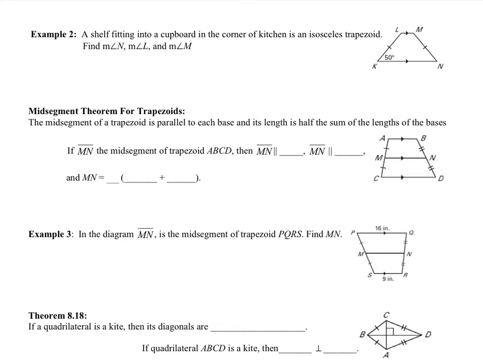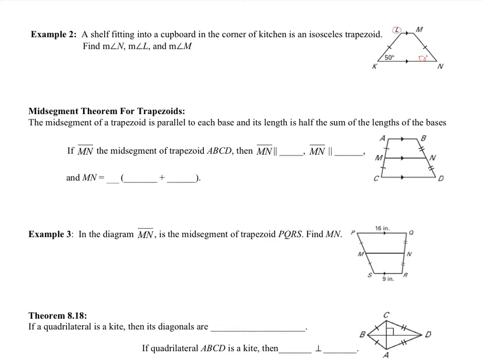Example 2. A shelf fitting into a cupboard in the corner of a kitchen is an isosceles trapezoid. Find the measures of angles N, L, and M. Since the trapezoid is isosceles, then the measure of angle N should also be 50 degrees.